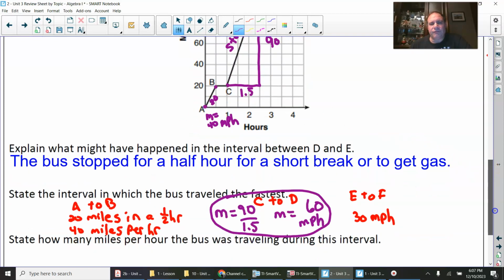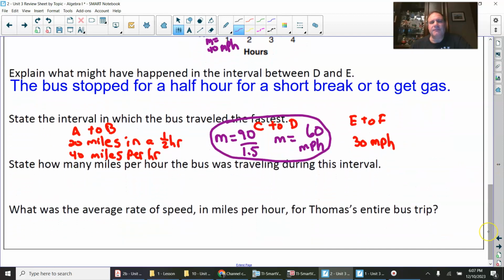I didn't have to go through all of that, but if it needed to be proved, you would say that this is the steepest line, and the steepest line is representative of the greatest slope, the greatest rate. State how many miles per hour the bus was traveling during this interval, and there we go.